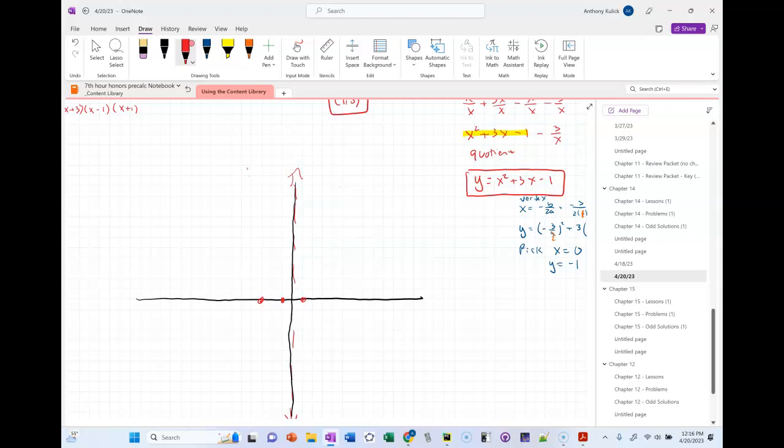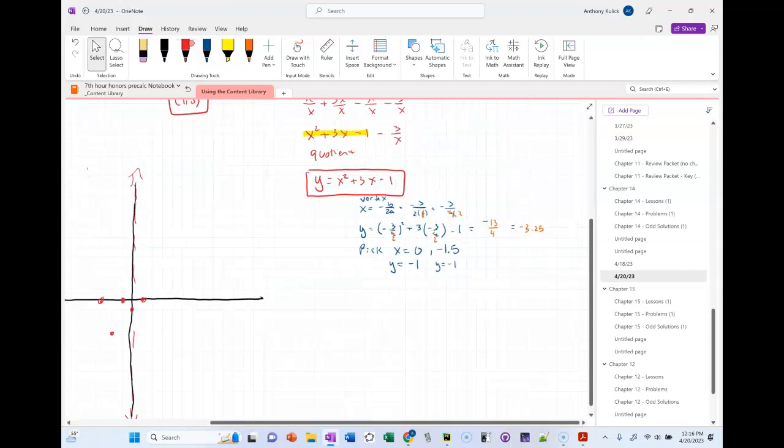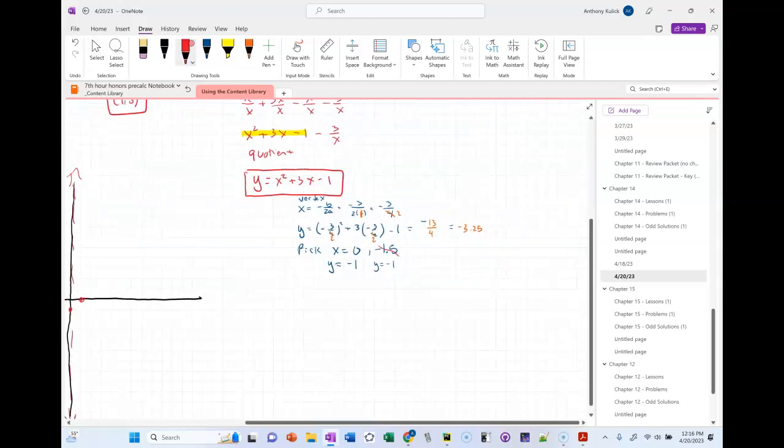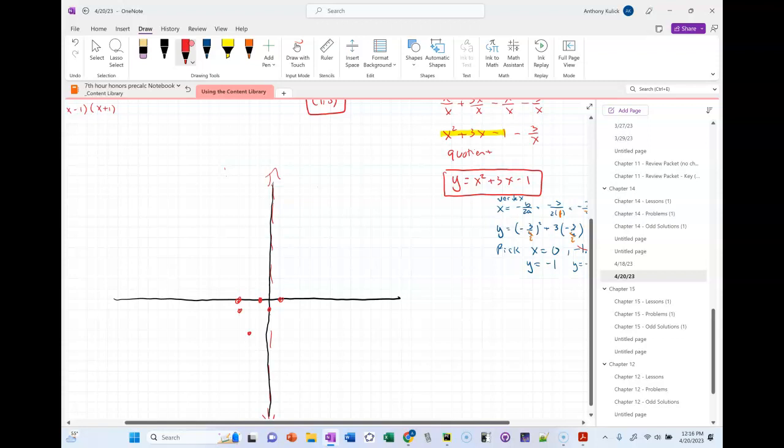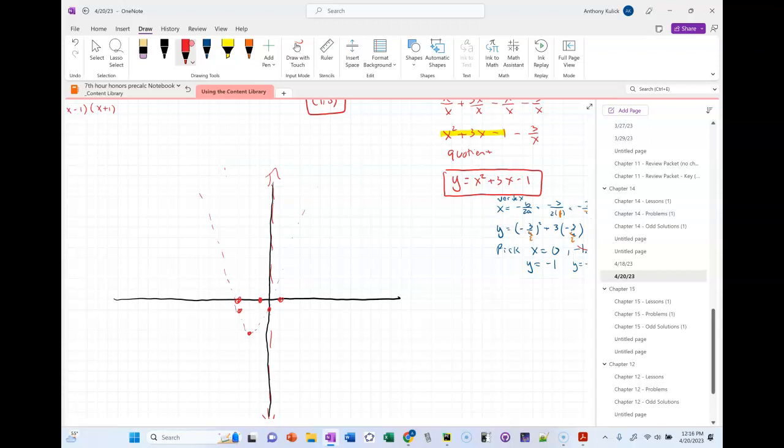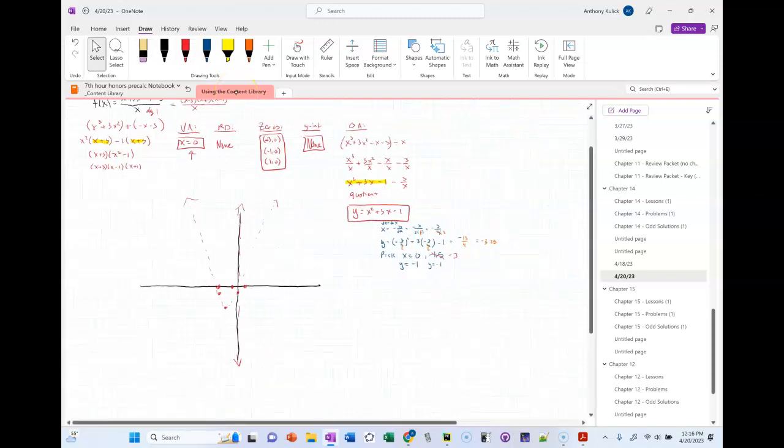Then we're negative 1.5, 3, 1, 2, 3.25. So we're like there. 0, negative 1. And then that should be then negative 3. So there's my asymptote there.